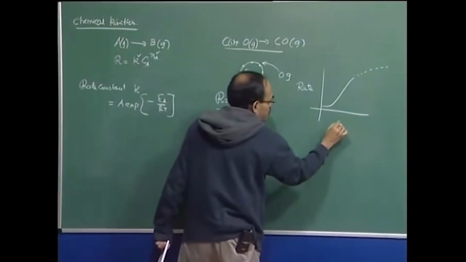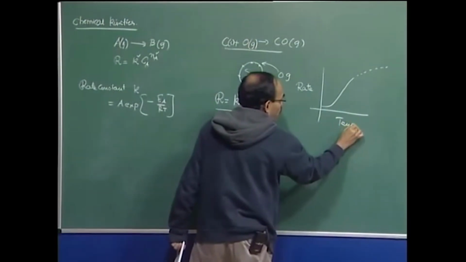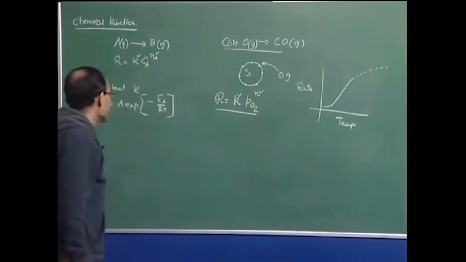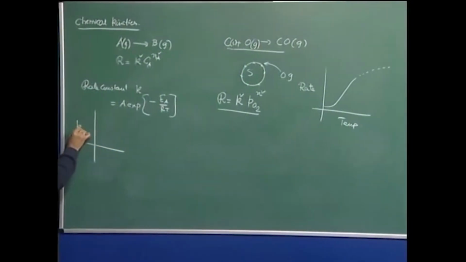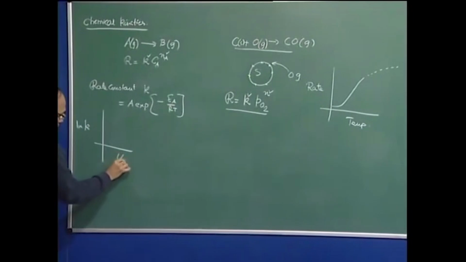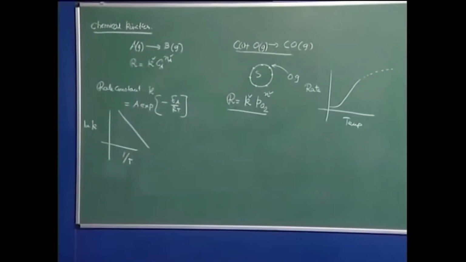So, that is how the rate really increases. If you look at ln k versus 1 by T, you will get a straight line with a negative slope.